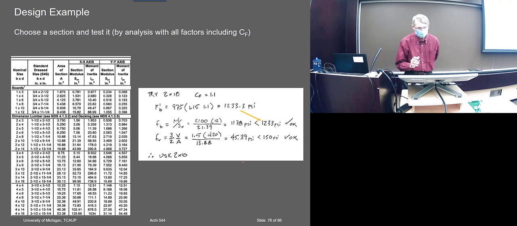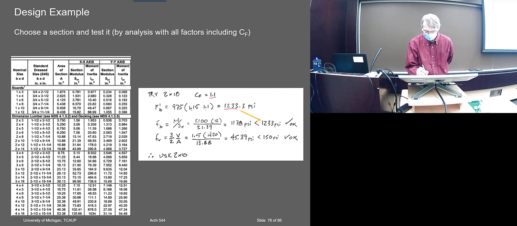So for a 2x10, I add my CF here of the 1.1. This was from the repetitive, I guess. And that gives me an allowable of 1233.